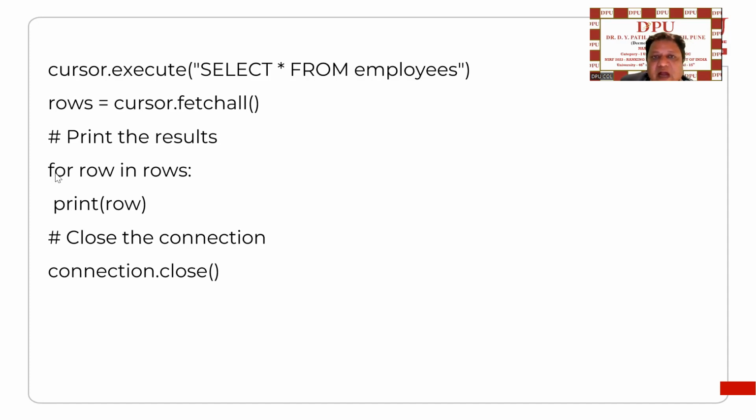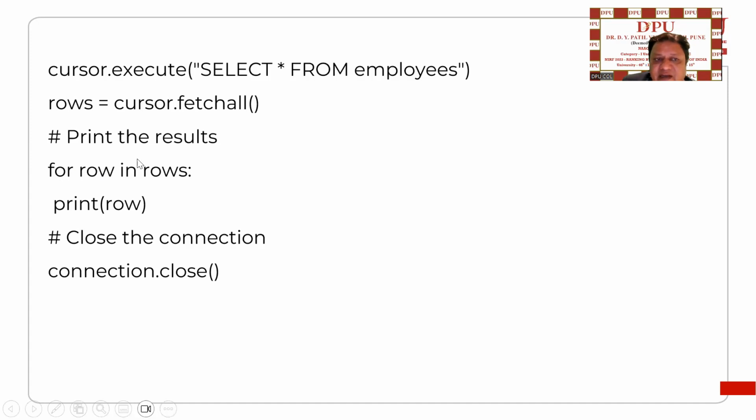So now I want to store the records in the rows variable. The rows variable now holds a table of records, and I want to display it. How can I display it? By defining a for loop, that is, for row in rows. You can give any variable name for row.